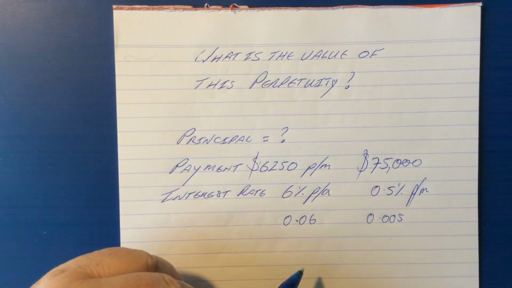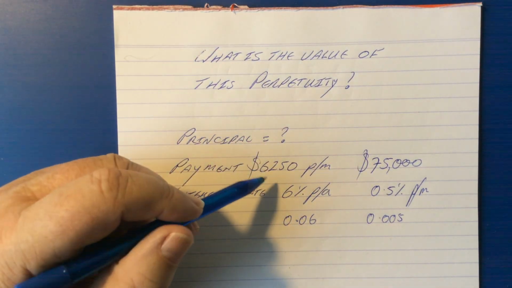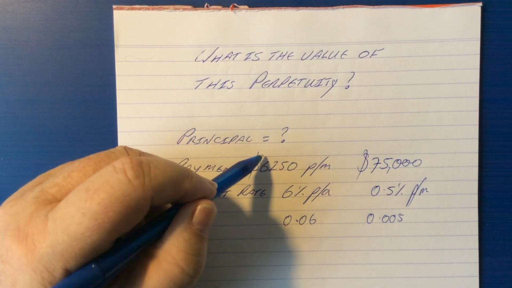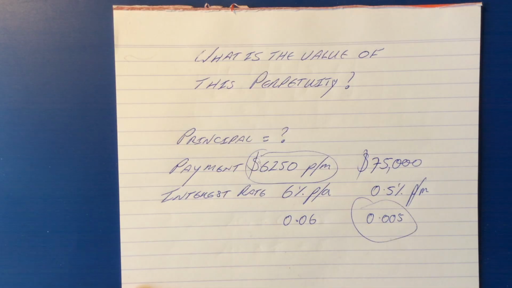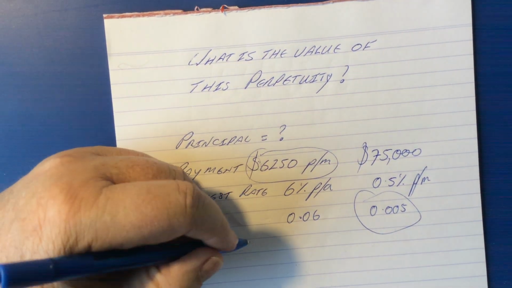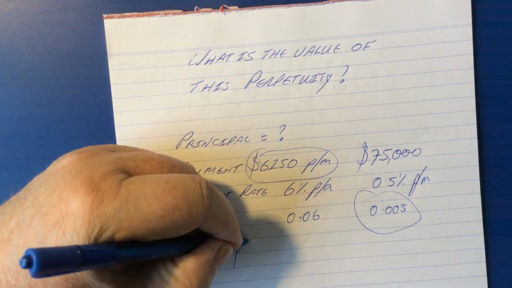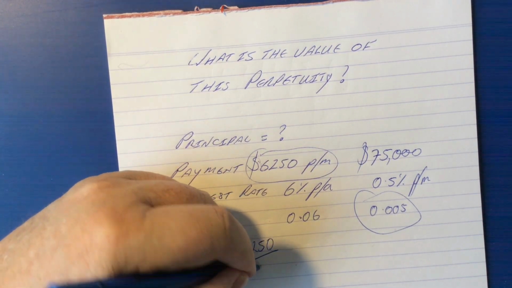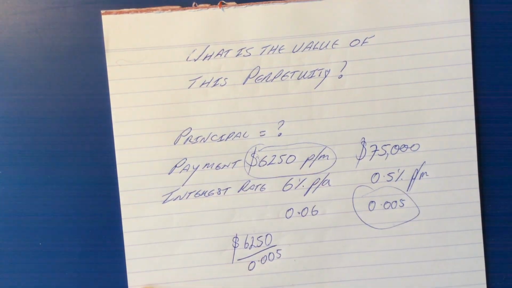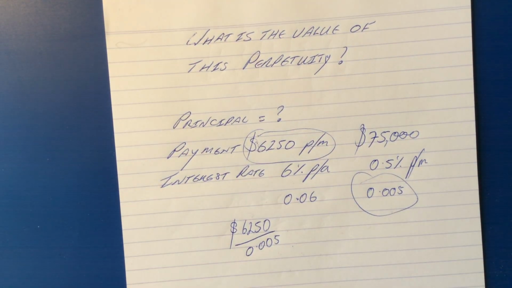Now, the first thing we're going to do is we're going to work it out using the monthly amounts, which is this. And how we do that is we do this. That's all we do.